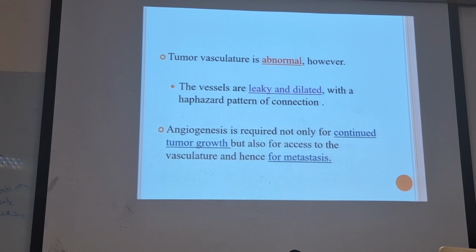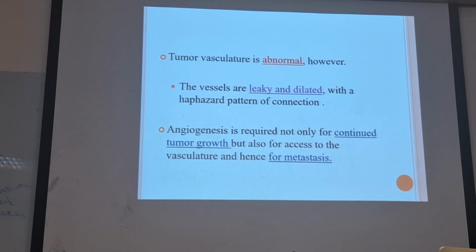But tumor vasculature is abnormal. The vessels are leaky, irregular, dilated, and they show an irregular pattern of connection. Angiogenesis is required not only for continued tumor growth but also for access to the vasculature and for metastasis.